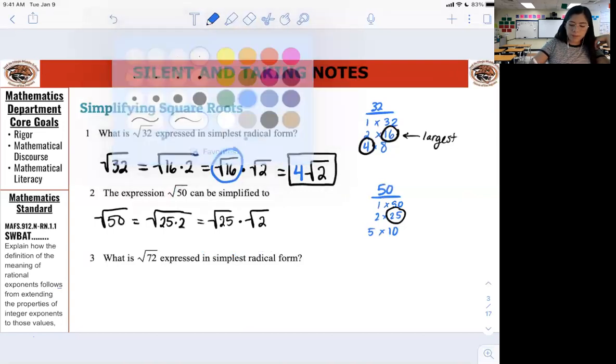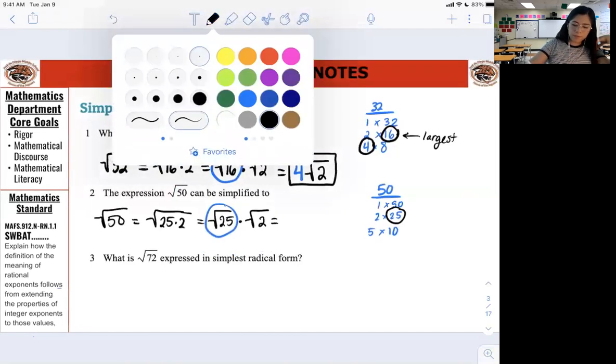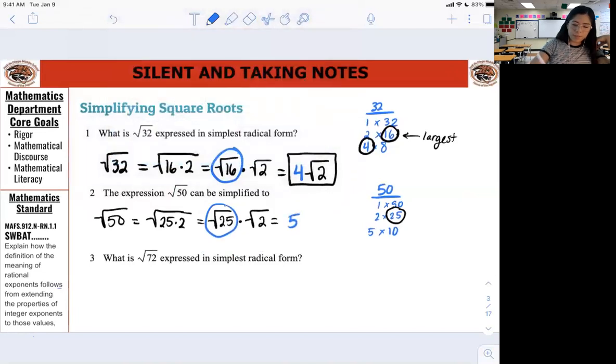The square root of 25, what's that? 5. So I have 5 times the square root of 2. And you're going to hear me say it this way, just a quicker way to say it. Instead of saying 5 times the square root of 2, I'm just going to say 5 root 2.